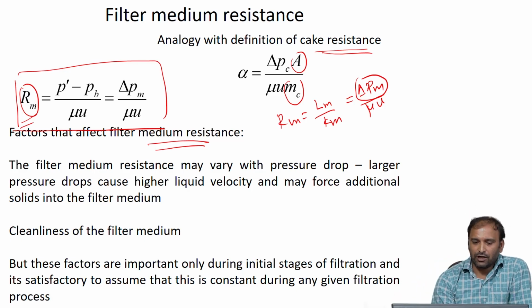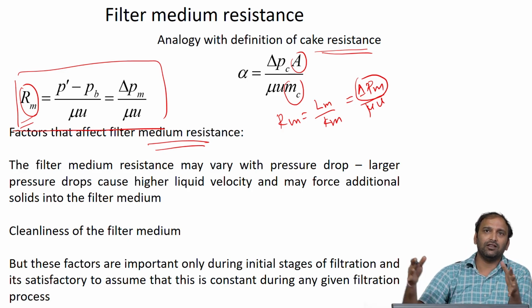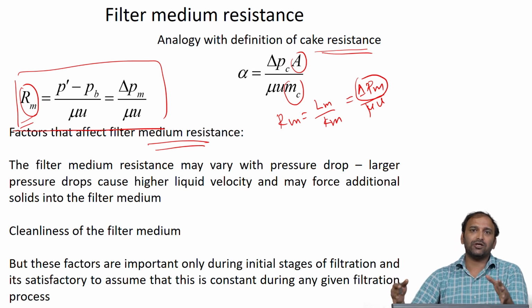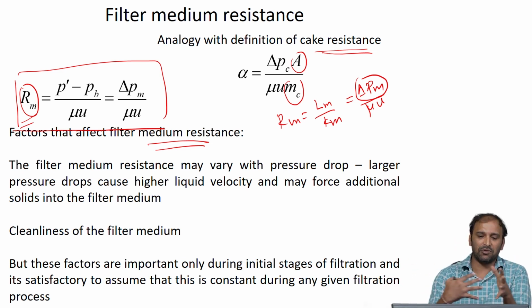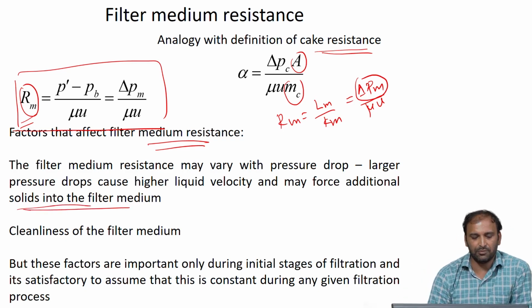If you have applied a larger pressure drop across the filter during the filtration process, the larger pressure drop may force some of the particles, some of the solids, through the filter medium.